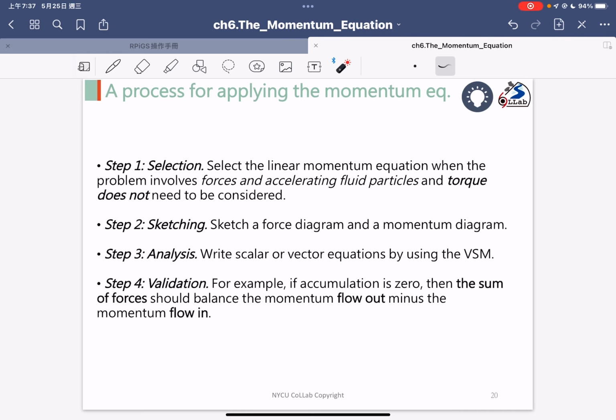Usually in the following exercises, we consider the accumulation term of the momentum to be 0, and then the forces will be balanced by the momentum flow out minus the momentum flow in.